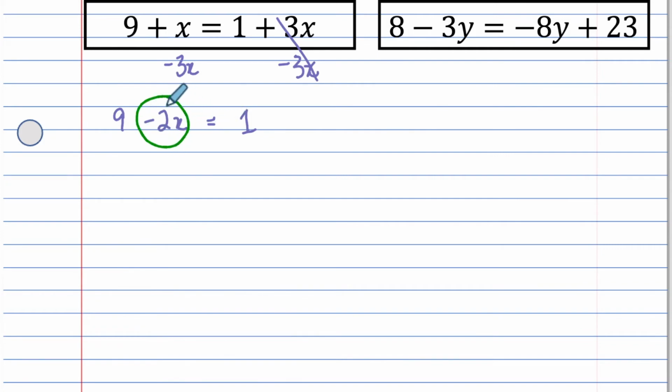Circle that x and subtract 9 both sides. We have a negative 8 on the right side and a negative 2x on the left. What we do to one side, we do to the other. Now x is going to be negative divided by negative makes a positive 4. We got the same answer.